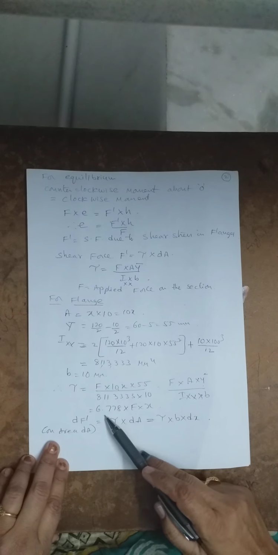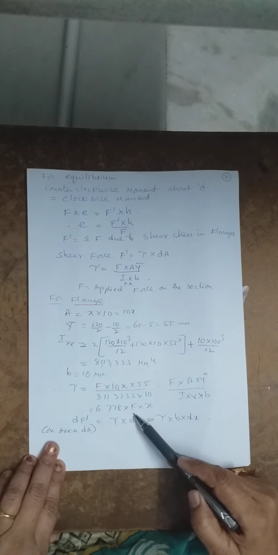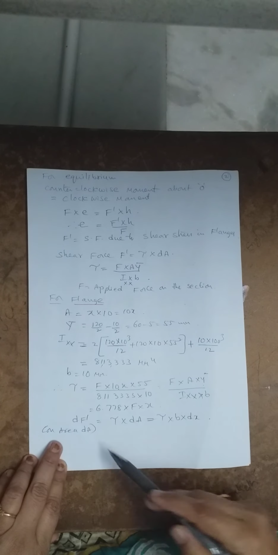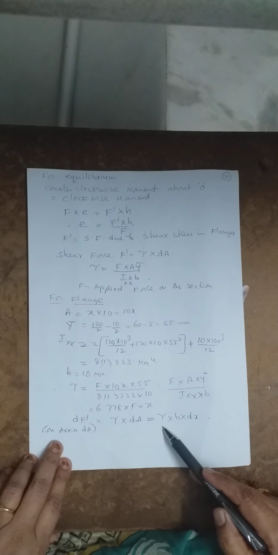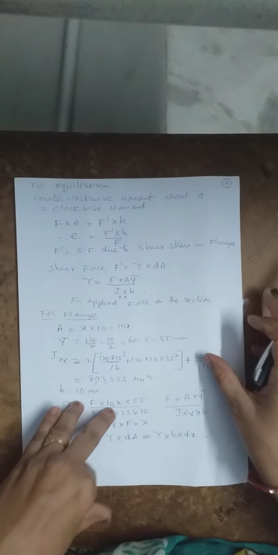If you simplify this, it comes to 6.778 into F, into x, as x we don't know. So dF dash is equal to tau into dA, and the area of the portion is B into dx.